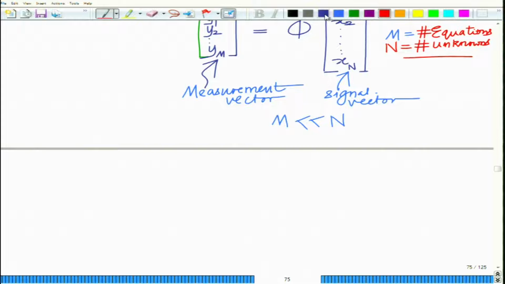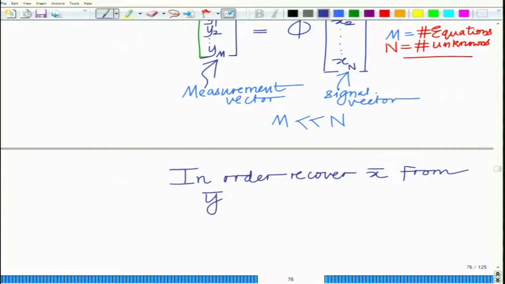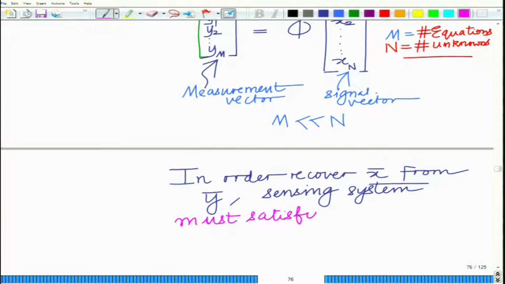So, in order to recover or reconstruct x bar from y bar, the sensing system must satisfy some conditions. What are those conditions?